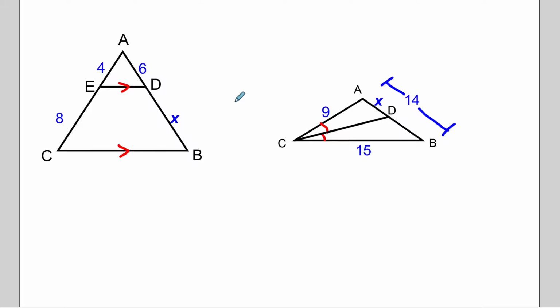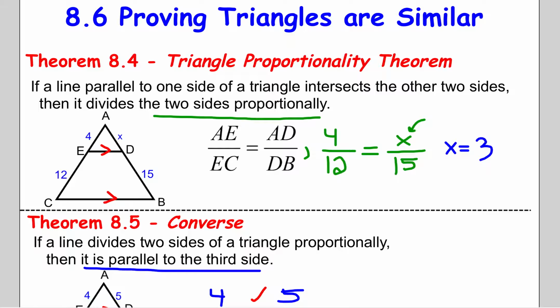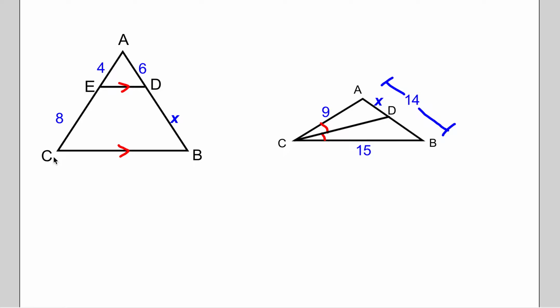This picture looks just like our first theorem here, theorem 8.4. So chances are we're going to be using theorem 8.4. Remember, theorem 8.4 said if a line parallel to one side of a triangle intersects the other two sides, then it divides the two sides proportionally. So here we have two parallel lines, and what we know is that it divides these sides proportionally.